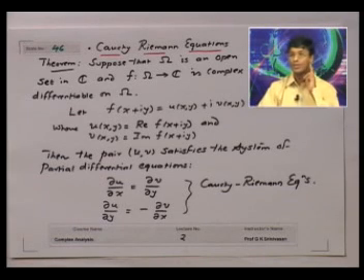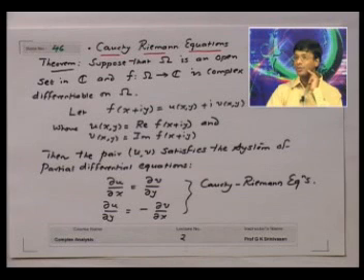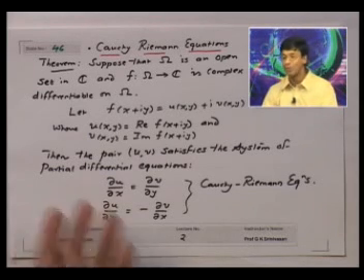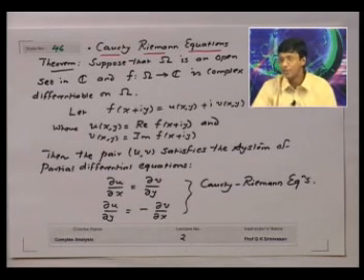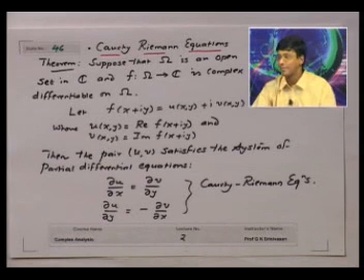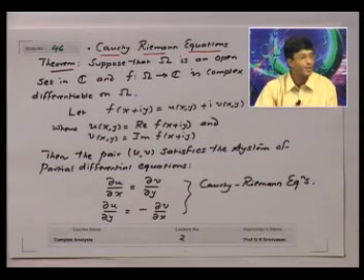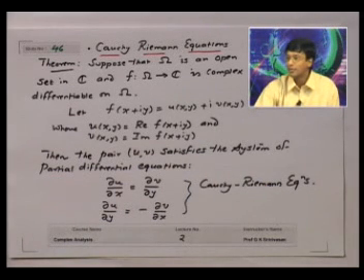So, the Cauchy-Riemann equations put a very stringent condition on u plus iv to be complex differentiable. It is a stringent requirement because the pair u and v have to satisfy a pair of partial differential equations. You can't just take a nice u and a nice v, put them together and get some nice function and expect it to be complex differentiable. No, it will not be complex differentiable unless it satisfies the Cauchy-Riemann equations. Is this clear?